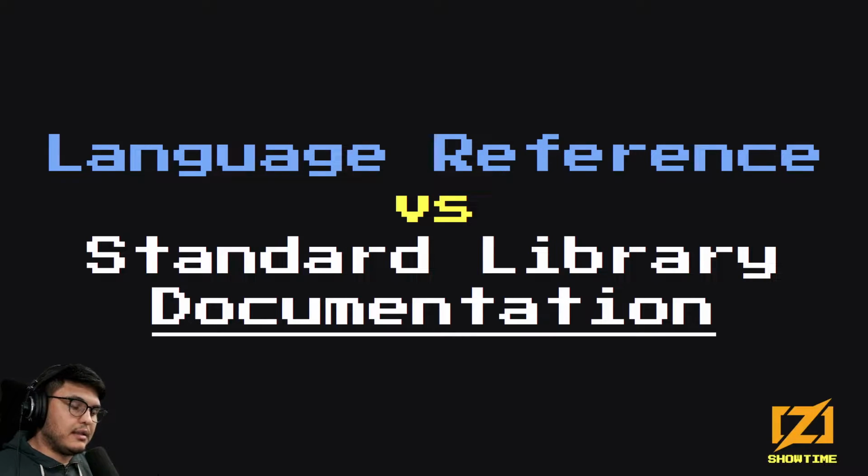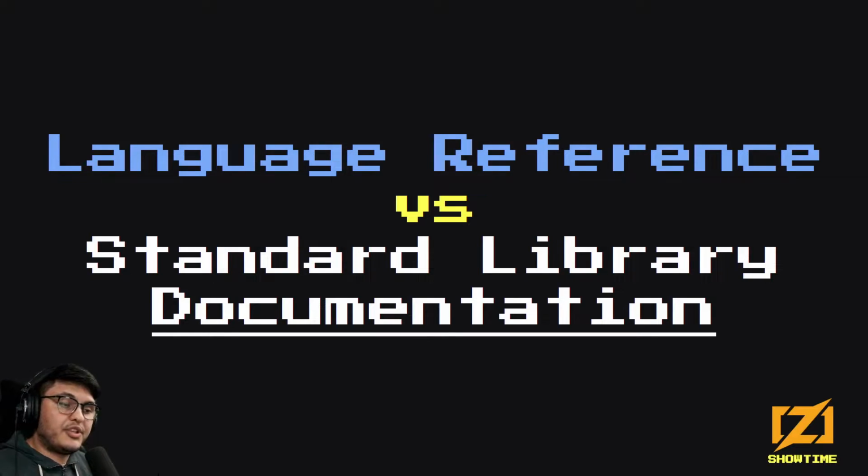But it teaches you about the language itself and doesn't tell you much about the standard library. Maybe in some examples some components of the standard library will be used, but that's not the point of the language reference. It teaches you about if branches, for loops, what types of variables you can make, whether you need a semicolon at the end of a statement or not, etc.